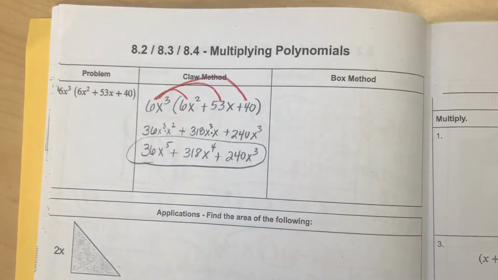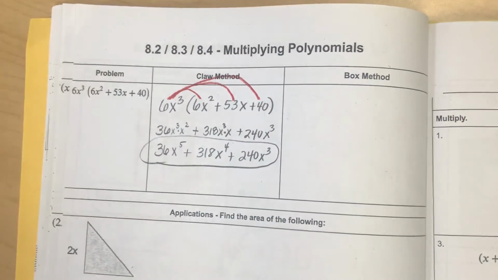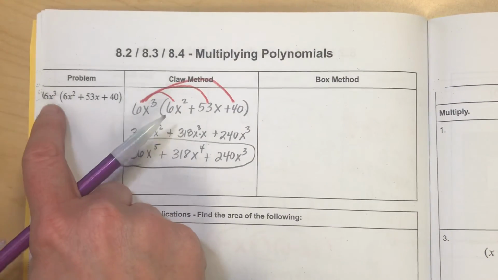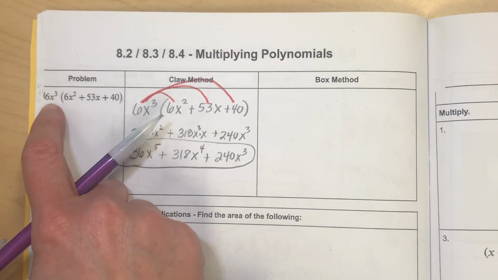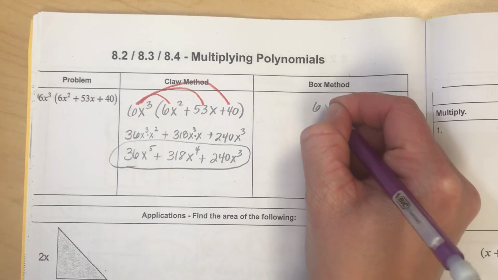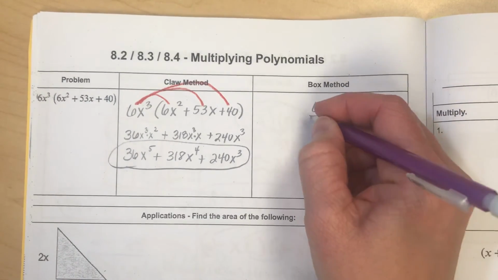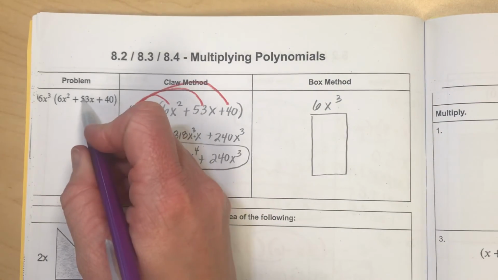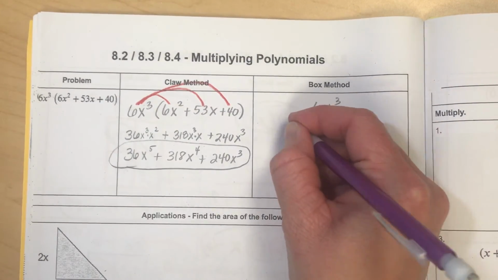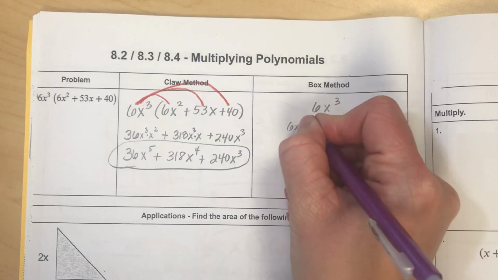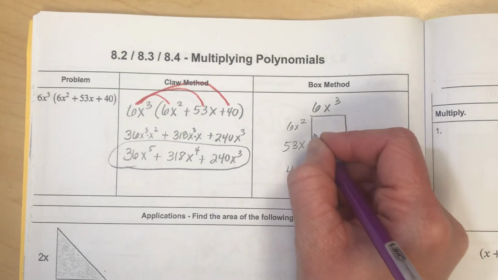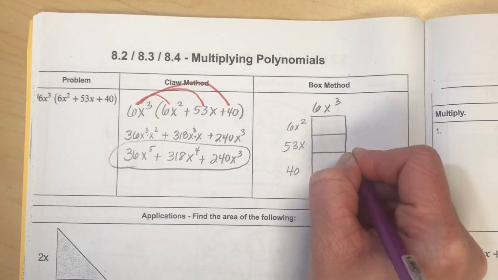Now, you may be thinking, well, is it going to look the same for my box? Yeah, sure. Okay, so your first polynomial is actually just one term. You just have a 6x cubed, so just one column. Your other polynomial is a trinomial, so we're going to have three terms, a 6x squared, and a 53x, and a 40. So I'm going to have 3 rows and 1 column.